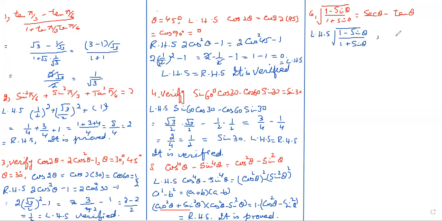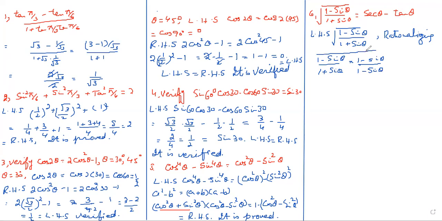Rationalizing it, okay? Rationalizing the denominator. So 1 minus sine theta over 1 plus sine theta multiply by 1 minus sine theta over 1 minus sine theta.